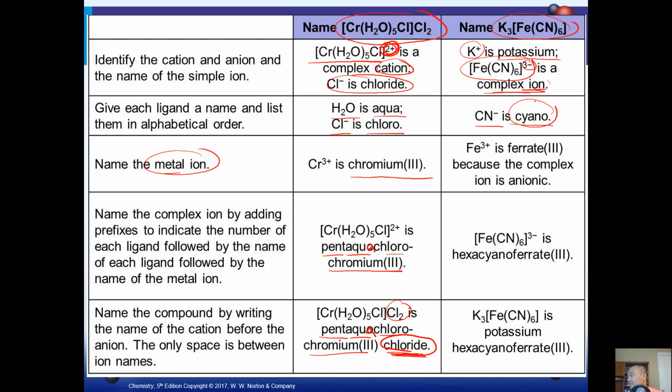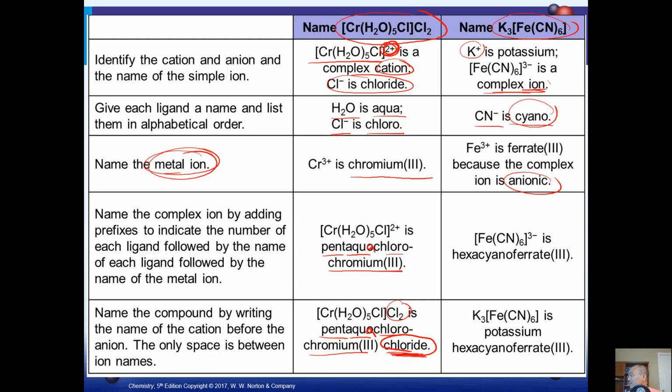All right. So step three, the metal ion as part of the anion, because the whole thing over here, look at that, that's an anion. Look at this, it is 3 minus charge. So this complex ion is an anion. So for this reason, this iron 3 plus is not called iron 3, rather it's called a ferrate 3.